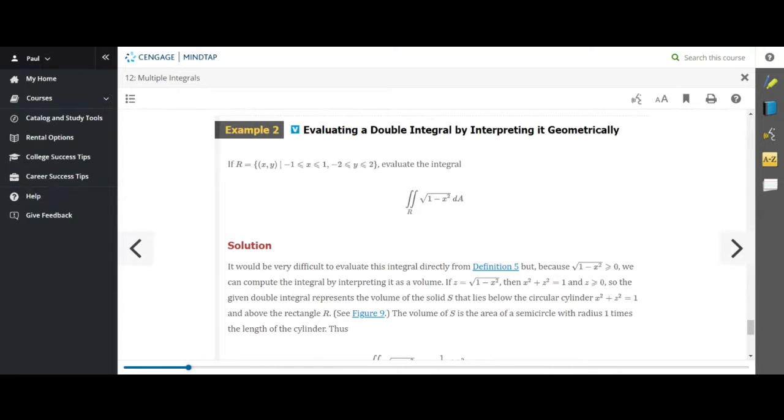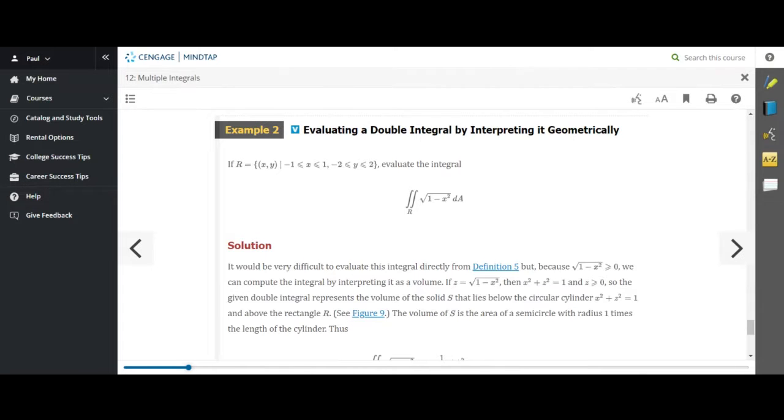Now, when they say evaluate this double integral, are they looking for an approximation?